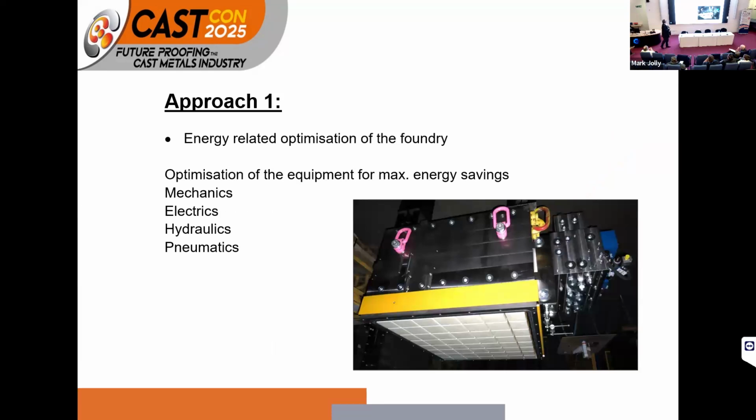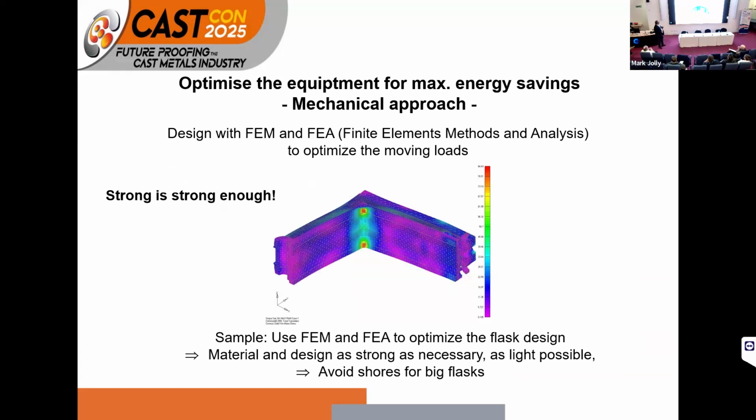When we talk about the energy-related optimization of the foundry, we have different parts in a sand foundry: the mechanics, the electrics, the hydraulics, and the pneumatics. For example, we design every mechanical part with FEA and FEM methods. This means we are making a weight and strength optimization.